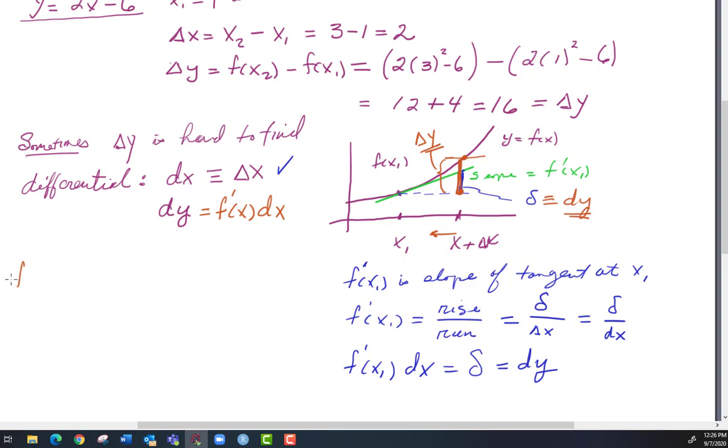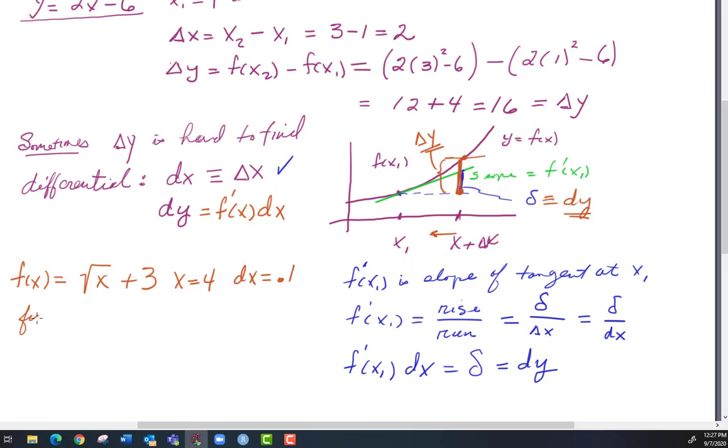Now let us work an example. Let's suppose that f of x is equal to the square root of x plus 3, and that we want an x equal to 4 and a dx equal to 0.1.